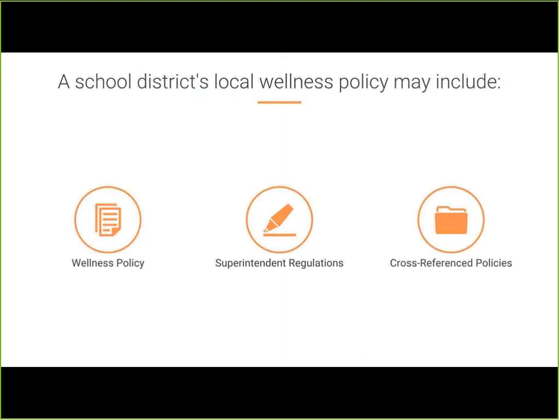These may also be called regulations, administrative guidelines, or rules. In addition, you'll want to collect any cross-referenced policies. I'll show you what that typically looks like shortly. Keep in mind, your district may not have all of these items, but if it participates in USDA child nutrition programs, it should have a wellness policy on file.